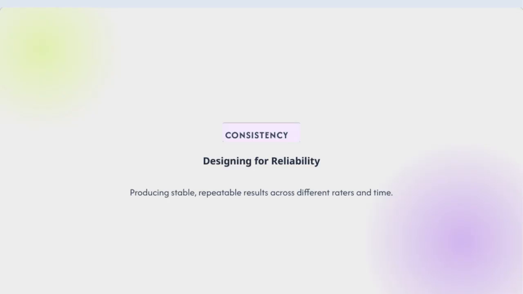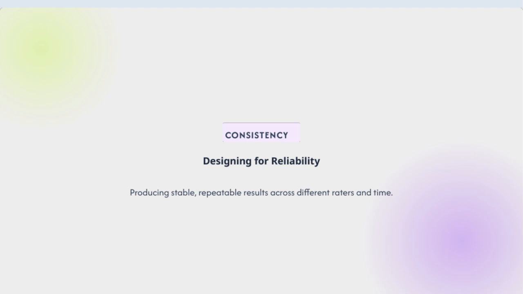Now, let's talk about designing for reliability. One of the most important goals is to produce stable, repeatable results across different raters and over time. This means that no matter who is doing the assessment or when it's being done, the results should be consistent. Consistency is key here because it ensures that our data is dependable and that we can trust the outcomes.